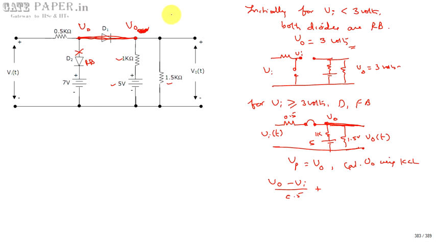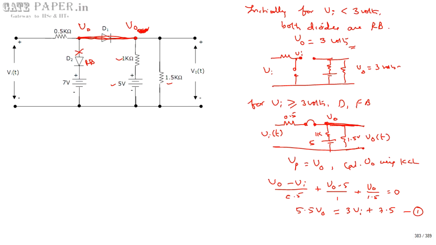So we take this branch: (V0 minus 5) divided by 1k, plus V0 divided by 1.5 is equal to 0. If you simplify this, you get 5.5 times V0 is equal to 3Vi plus 7.5. This is the equation you will get. Let us call it equation 1.